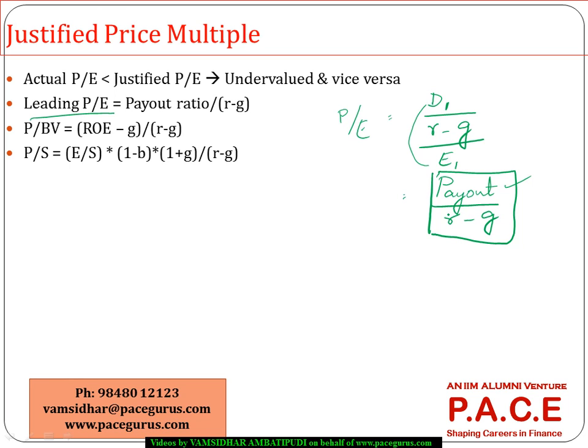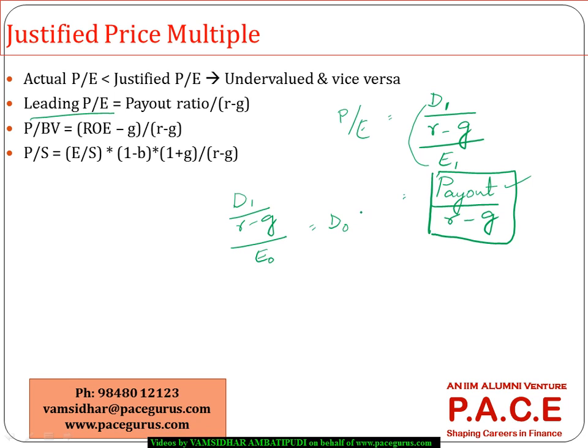multiple for this security. The other way of looking at it, if I want trailing P by E, same. P is still the same, D1 by R minus G, but instead of dividing by E1, I am dividing by E0, which is the historical or last earnings per share.